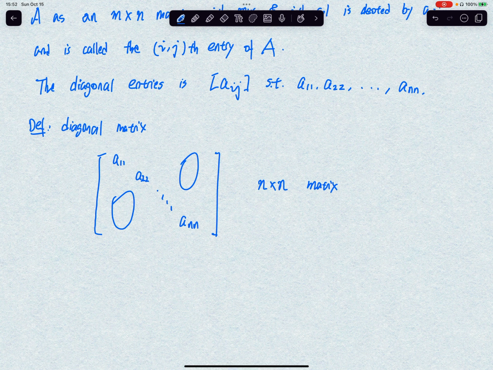So an example is the n by n identity matrix, that is, the main diagonal is filled by the identity 1. And an n by n matrix whose entries are all 0 is called a zero matrix and is denoted by 0.